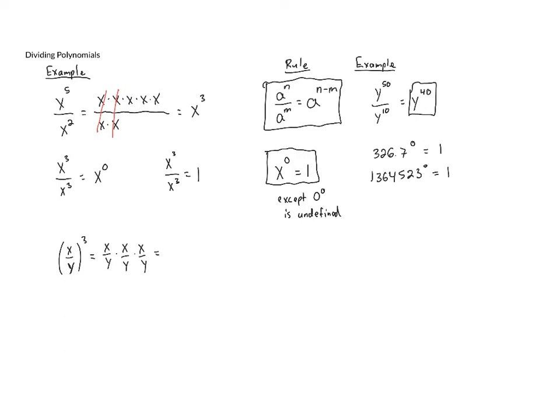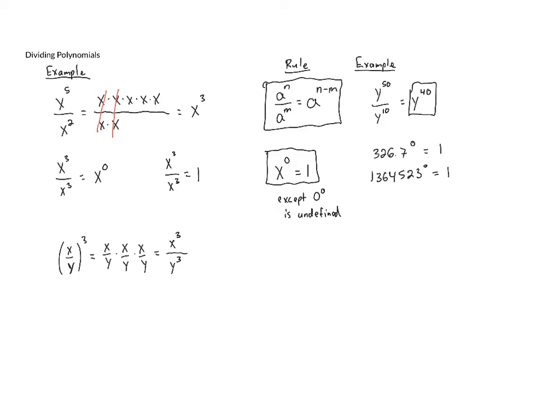And when we're multiplying fractions, we multiply straight across. So in the numerator, x times x times x is x cubed. In the denominator, y times y times y is y cubed. Can you tell me what effectively happened to that exponent? It was distributed to both the top and the bottom.